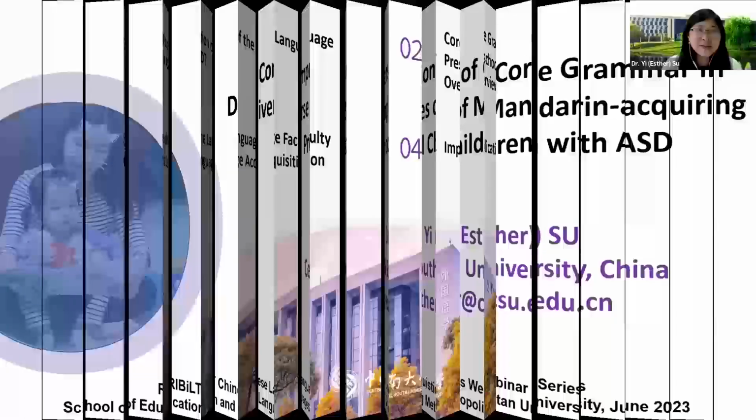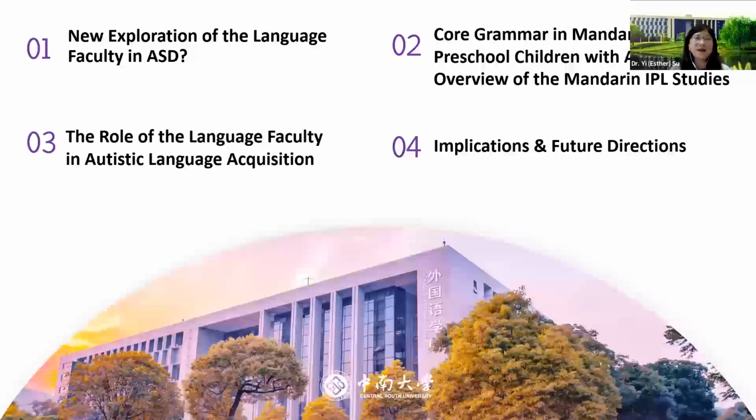Now I want to divide this talk into 4 parts. Firstly, I want to talk about the new exploration of the language faculty in autism spectrum disorder, because this is a very new direction in autistic language acquisition.